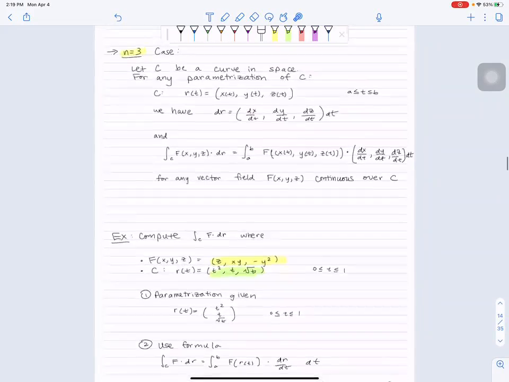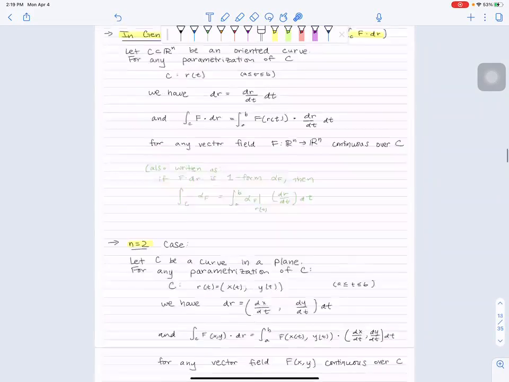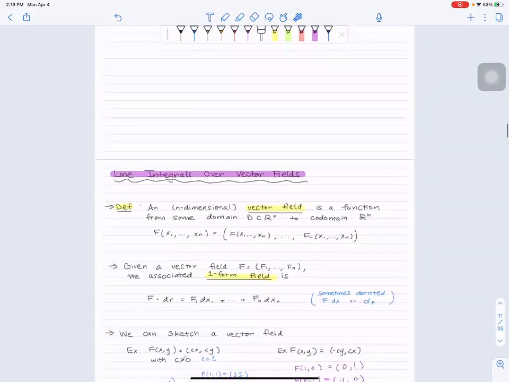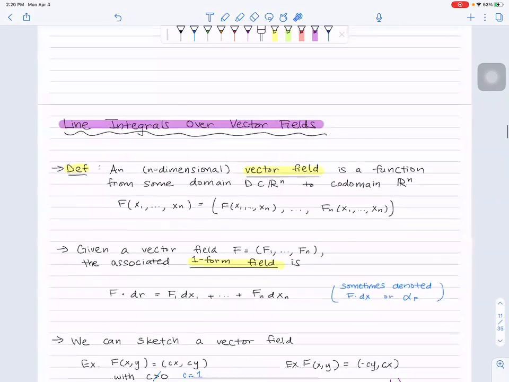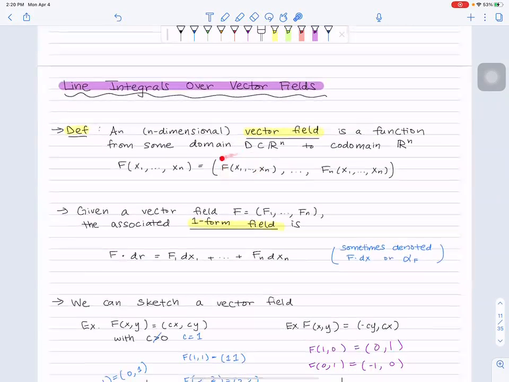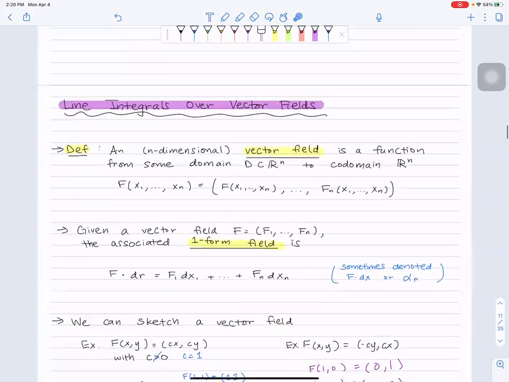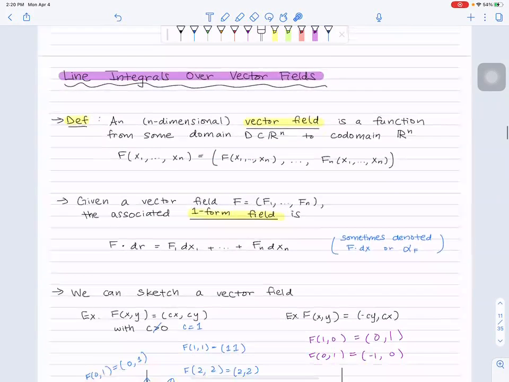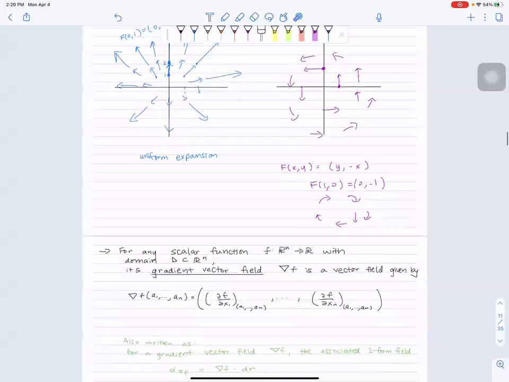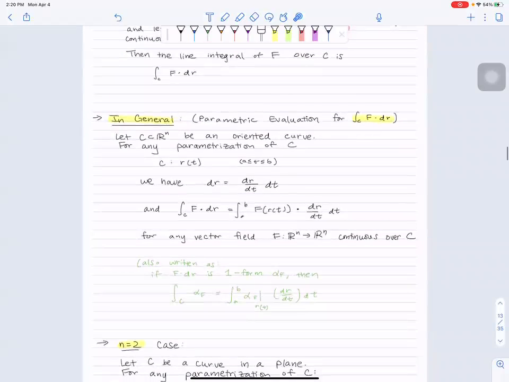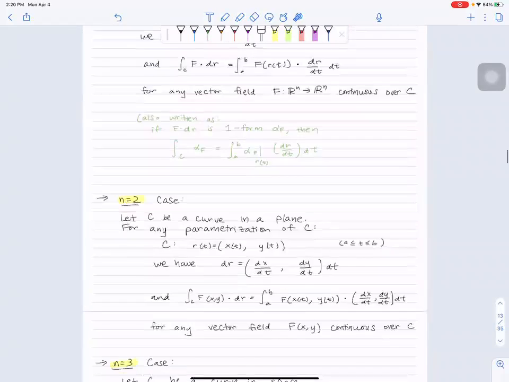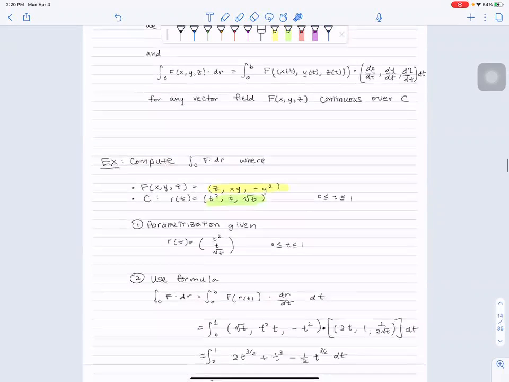The only difference is what you're multiplying by. So, okay, a vector field is going to have each thing itself as a function. Let me think.